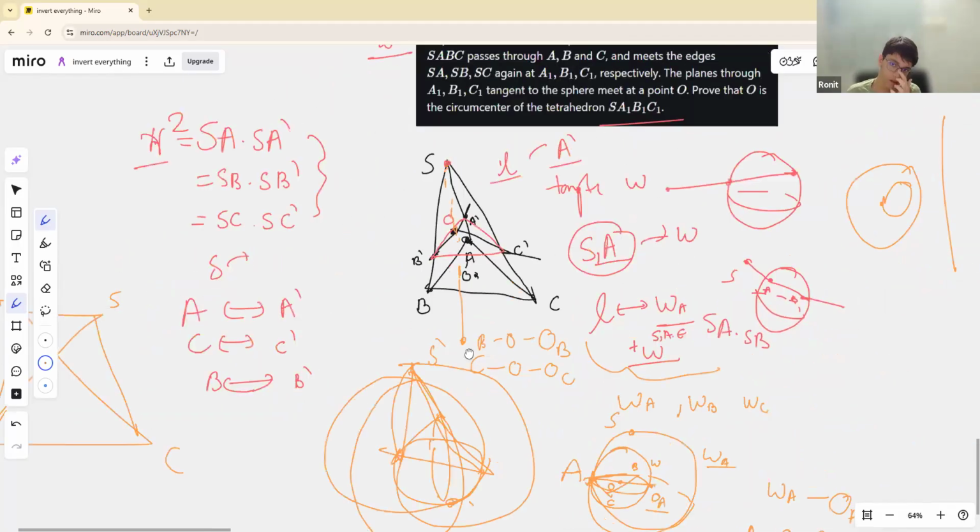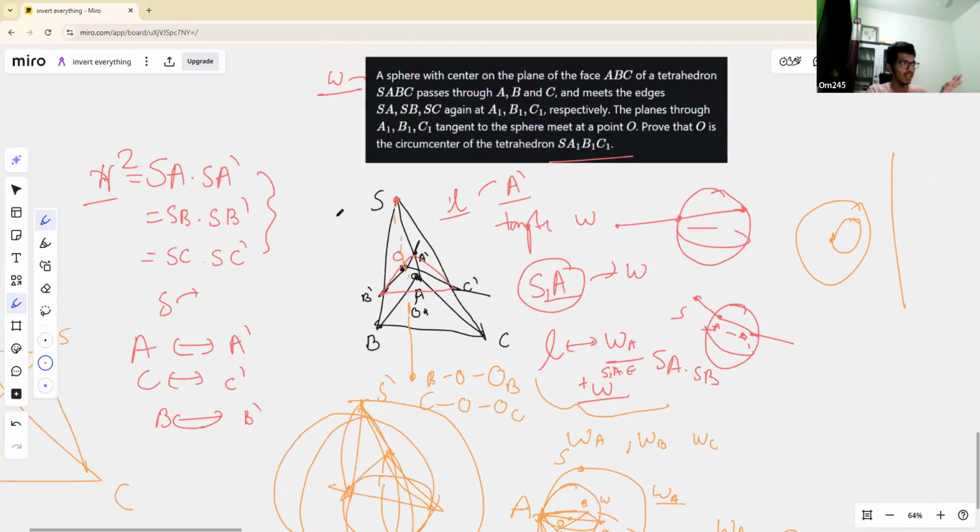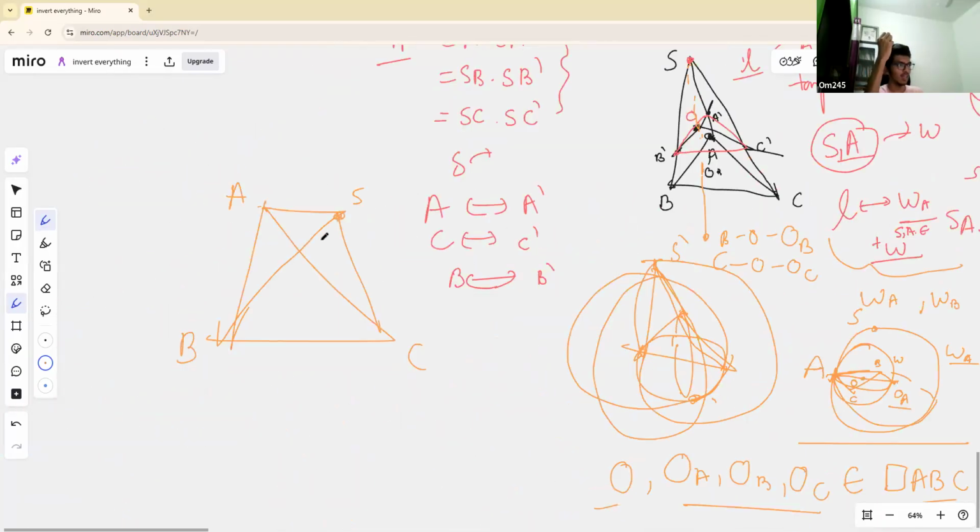Suppose this is a plane in 3D space. Then you draw a perpendicular and go deeper.